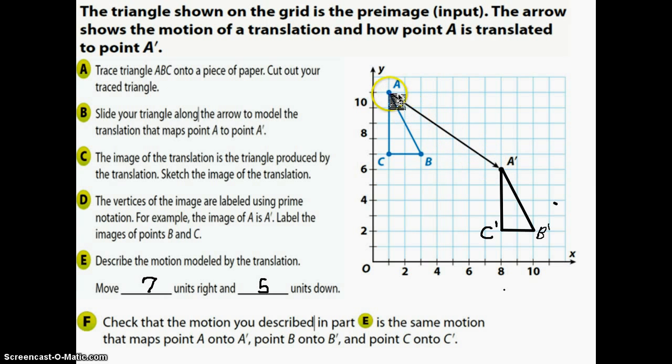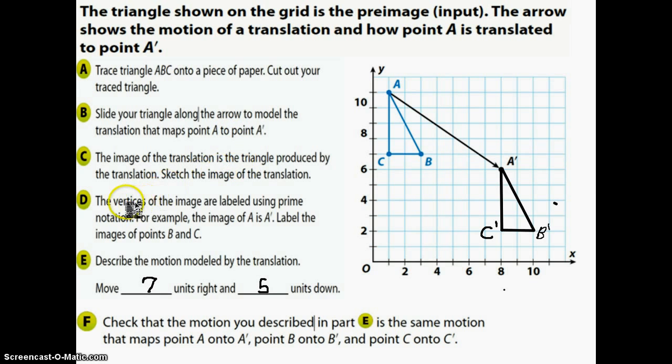So not only are we going to move A, even though that's a good place to start, but we're going to move B and we're going to move C along this particular line as well. So they asked us to trace ABC on a piece of paper, cut out your traced triangle, and then slide it along the line and model what's happening to it.